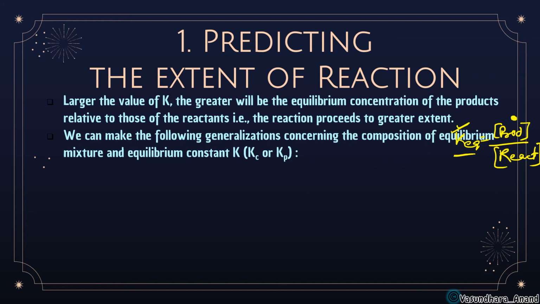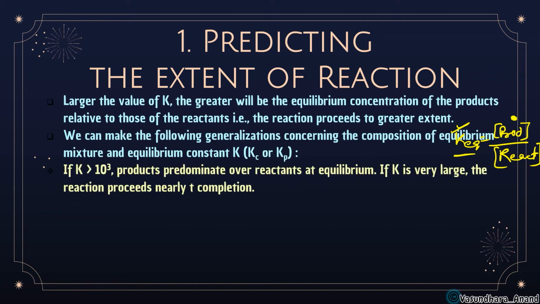We can make the following generalization concerning the composition of the equilibrium mixture and the equilibrium constant, that is Kc or Kp. These are the points to be learned. If K equilibrium is greater than 10 to the power 3, then by looking at the value you can tell how much percentage of reactant is left or whether product is more.